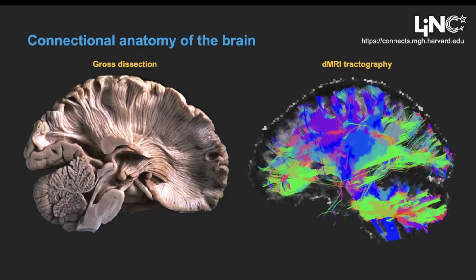Unlike those other classical techniques that are very time consuming and laborious, with diffusion MRI, with a quick, let's say 10-minute scan, we can get a whole brain connectome from a living human subject.